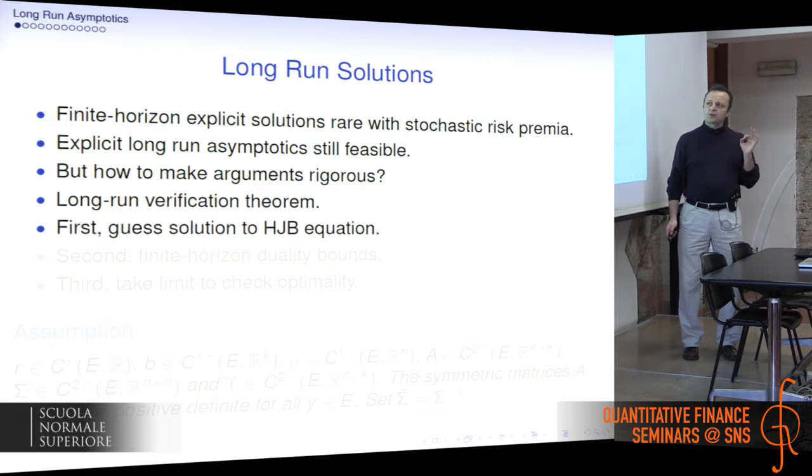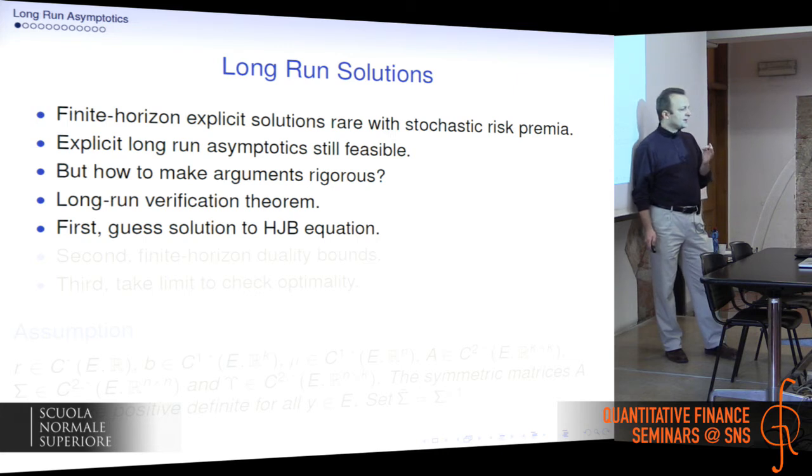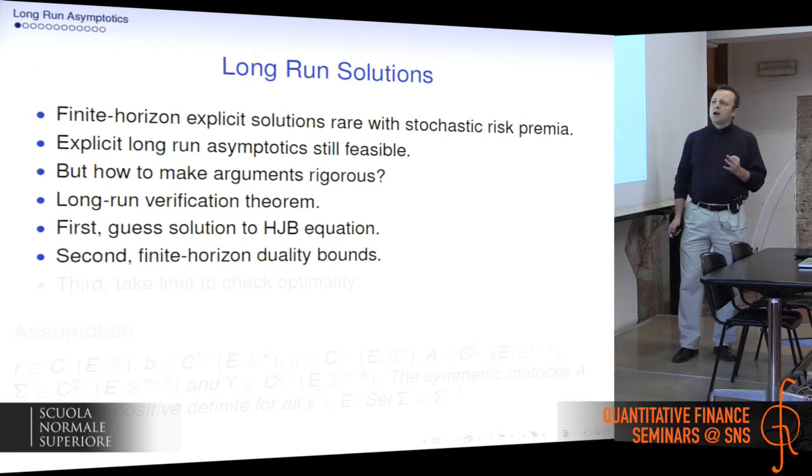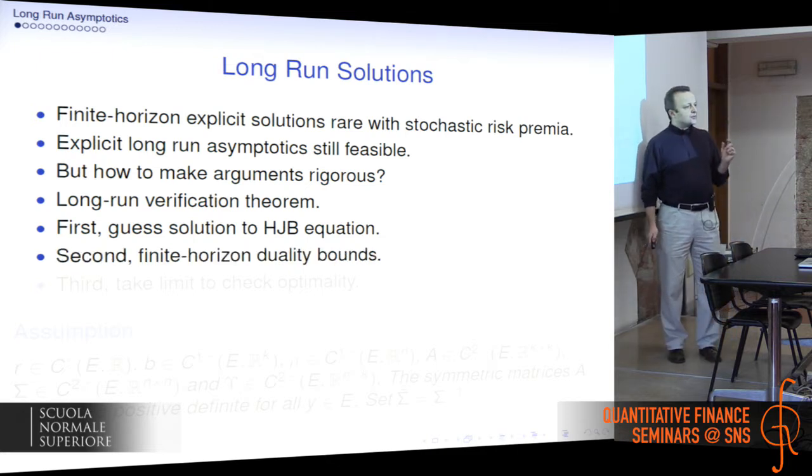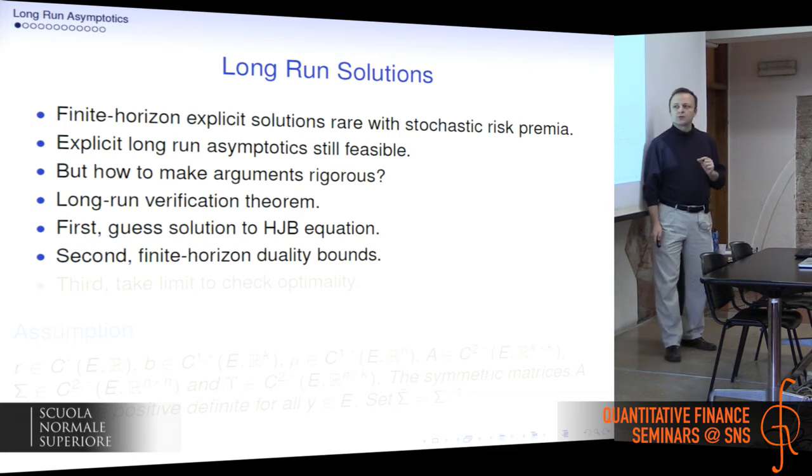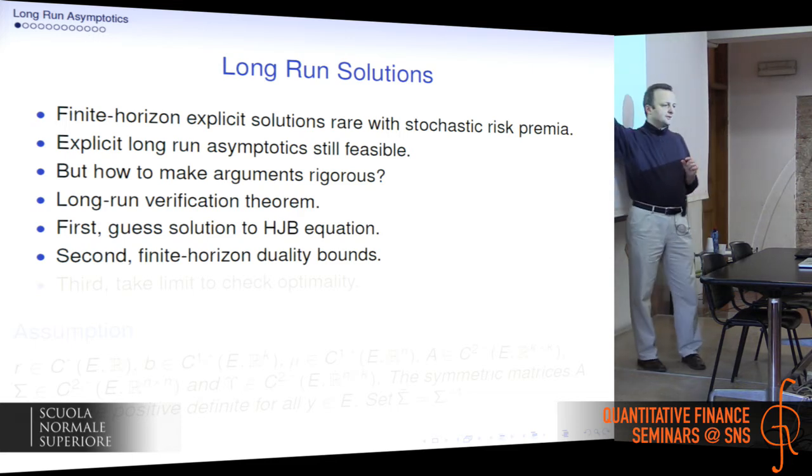The first step is to find a solution to the Hamilton-Jacobi-Bellman equation. The way we find this is basically with a bunch of tricks. Then the second step is to find some duality bounds, and for the purpose of applications, this is actually all you care about.